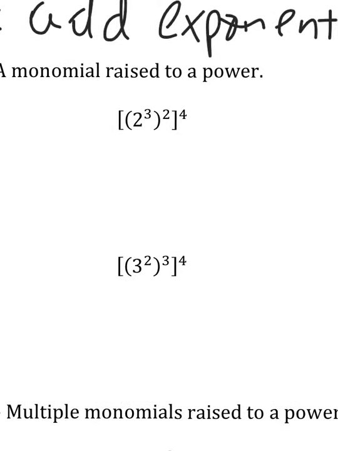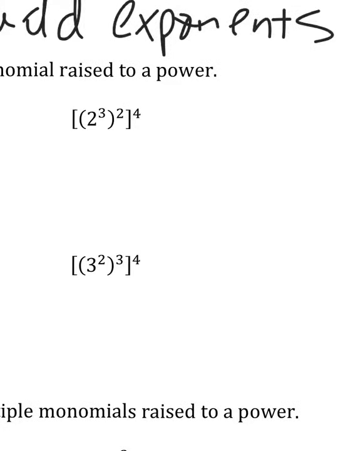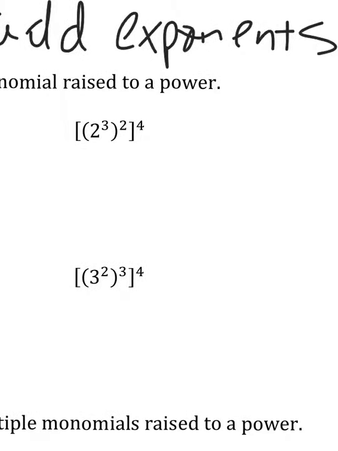You can look at this next one. Now we have a power to a power to a power. So we have 2 cubed squared, and then that's all to the fourth. We have 2 cubed times 2 cubed, and that's all still being raised to the fourth power.